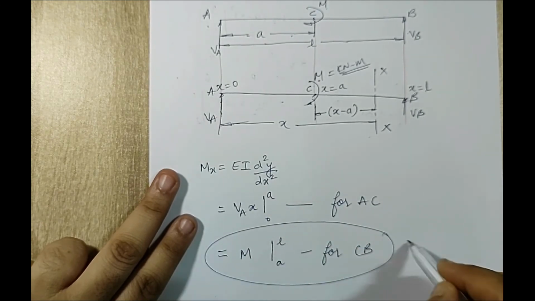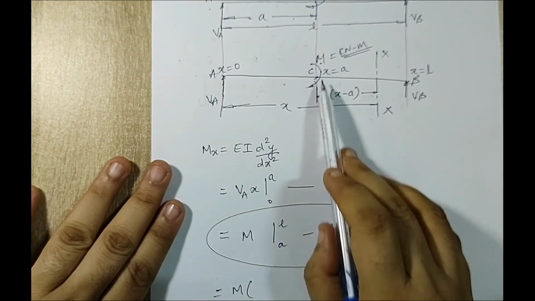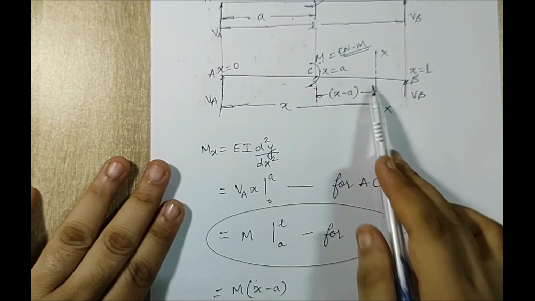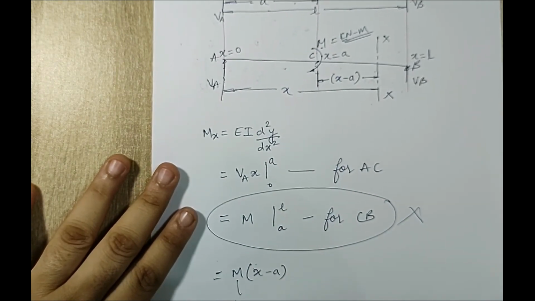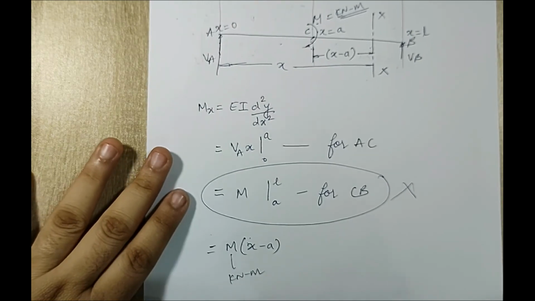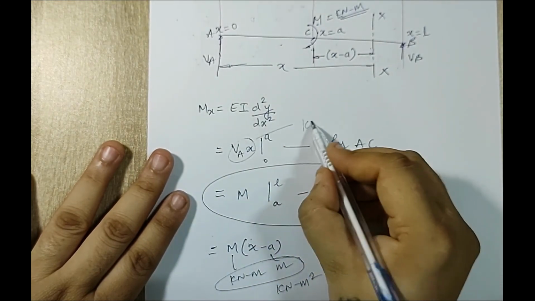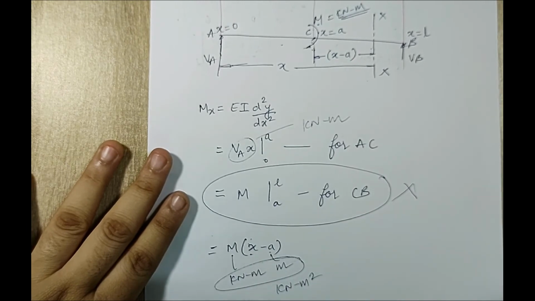Rather than writing this, what is exactly written is M into, it is exerted at a distance x minus A from the end x. But if you observe, this itself is in kilonewton meter and the distance is also in meter. So the total value will become kilonewton meter square, whereas this term is only in kilonewton meter. Hence, I cannot write this as x minus A.